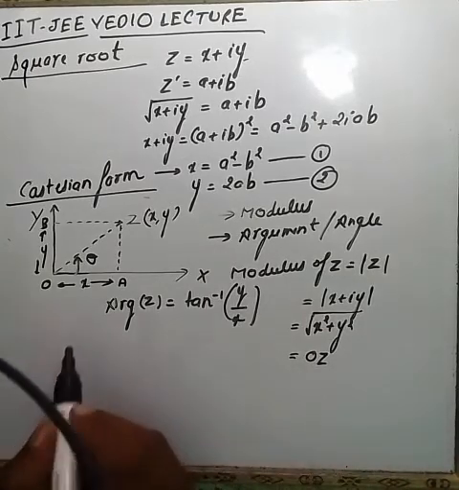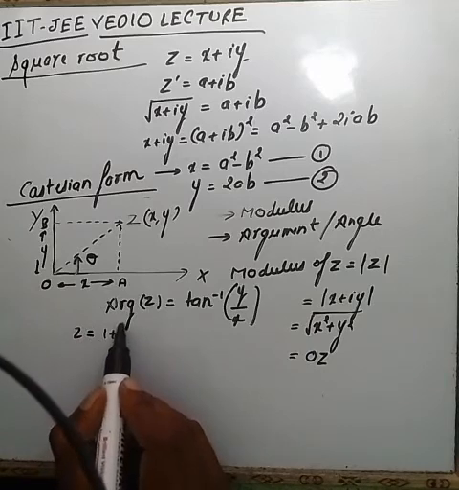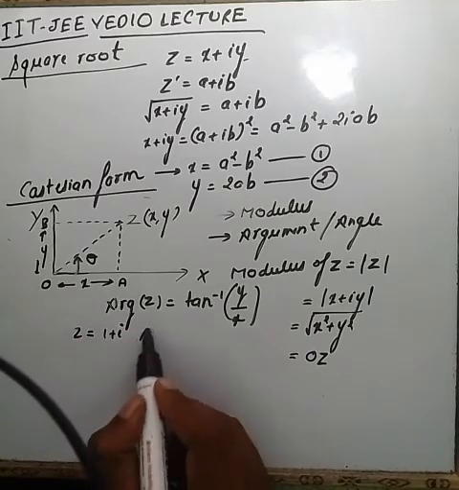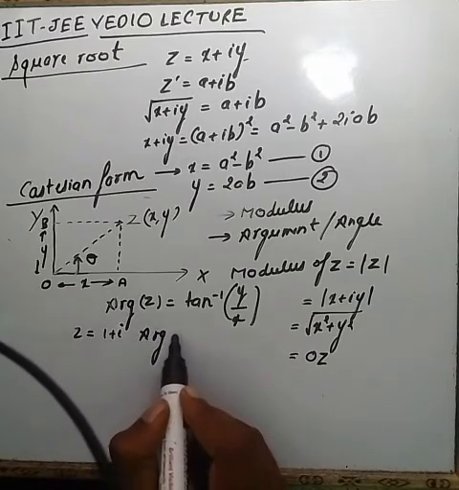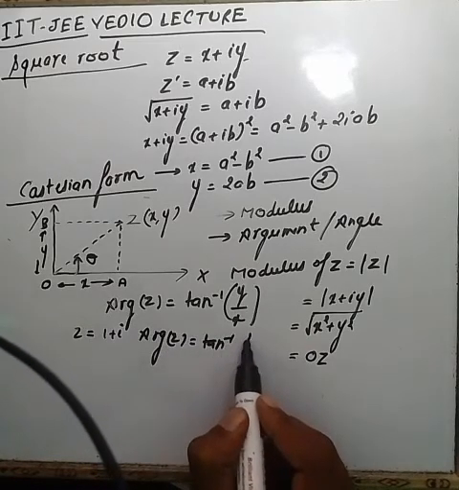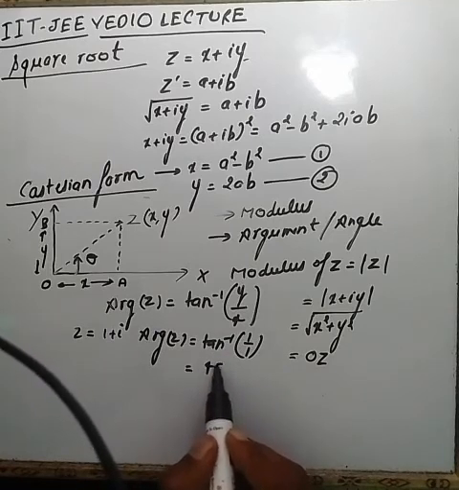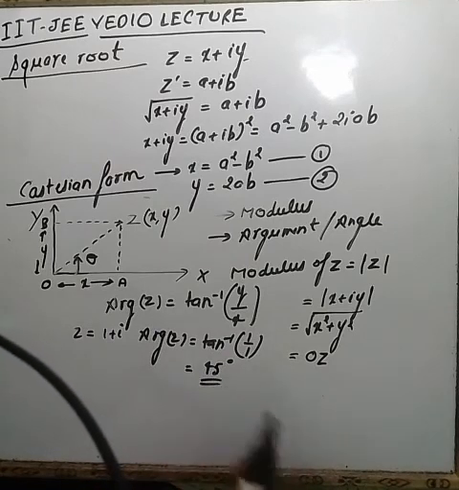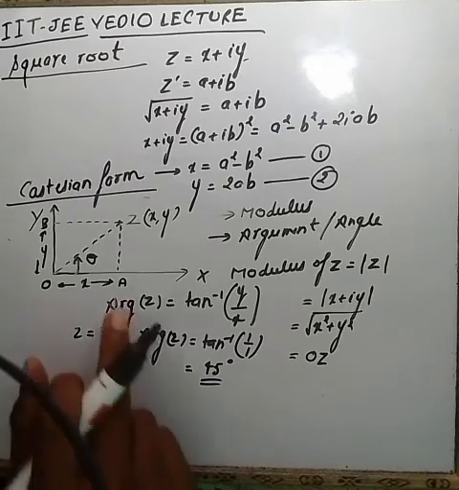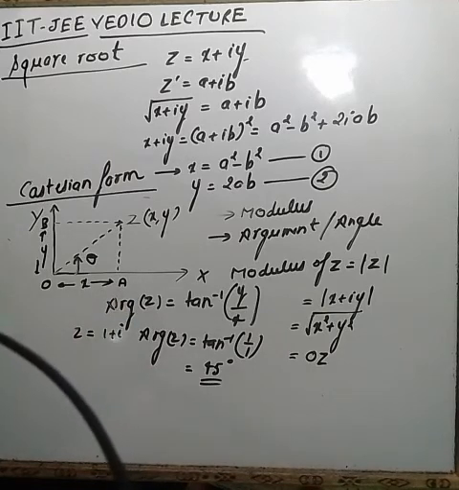So for example, if we have z equals 1 plus i, then arg will be tan inverse 1 upon 1. So it will be 45 degrees, 45 from the positive x-axis in the anticlockwise direction.